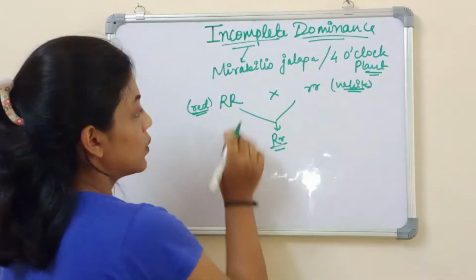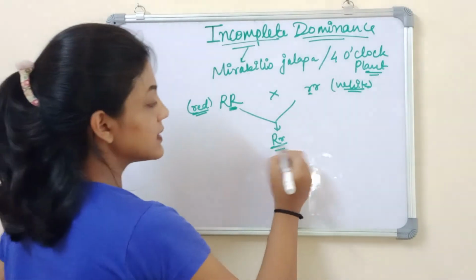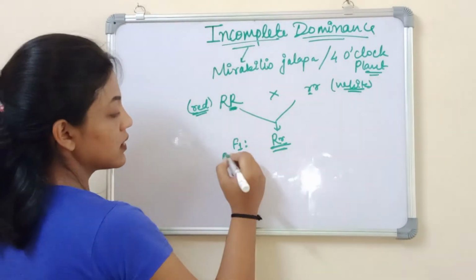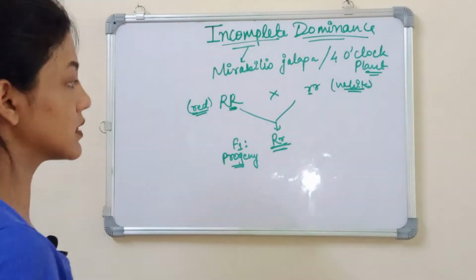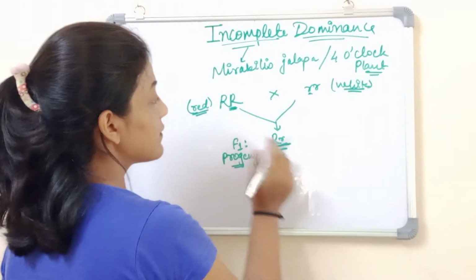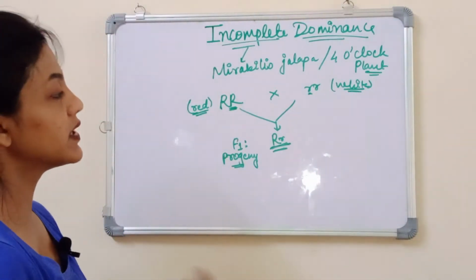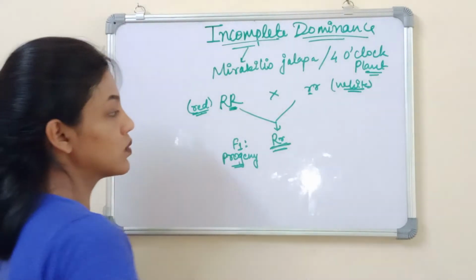Rr, right? One capital R and one small r. This is the F1 progeny, or F1 generation. If capital R was dominant over small r, what would the phenotype be? It would be red, right? But it is not so.